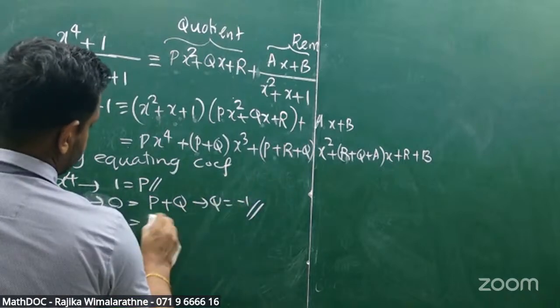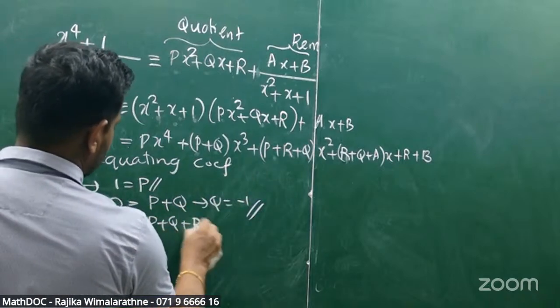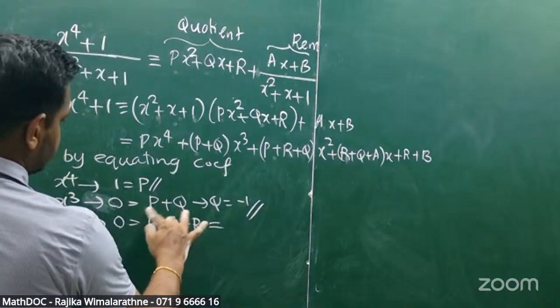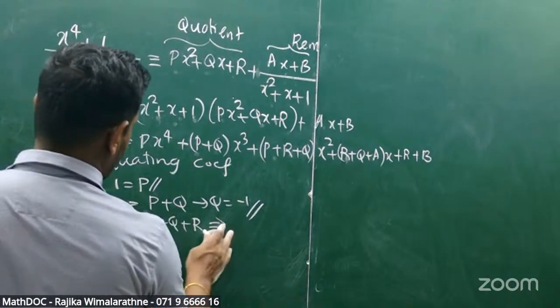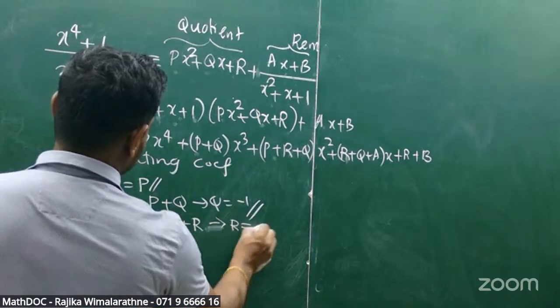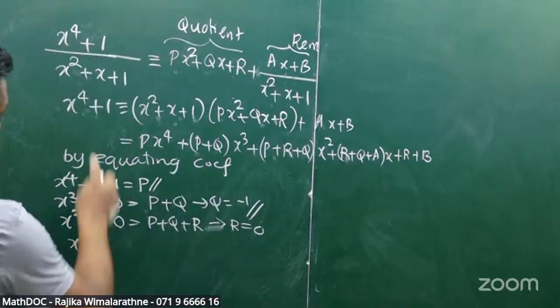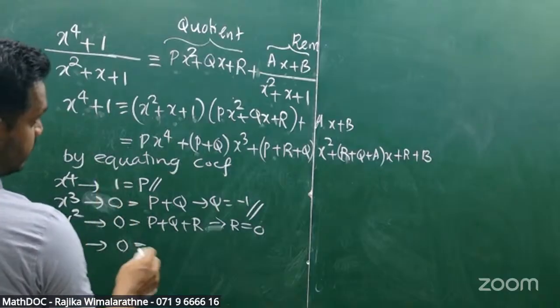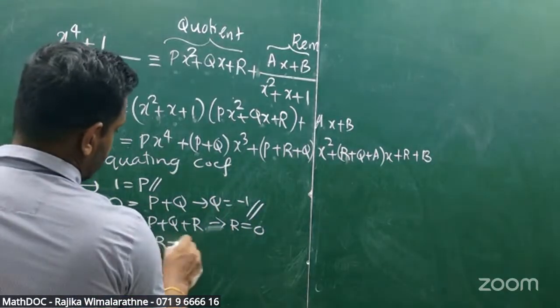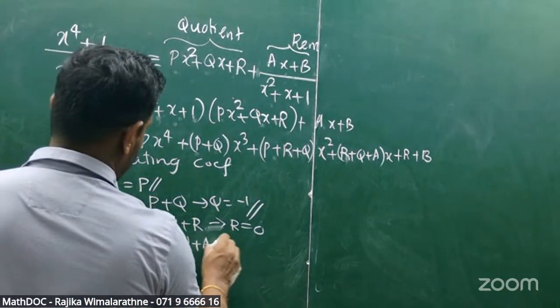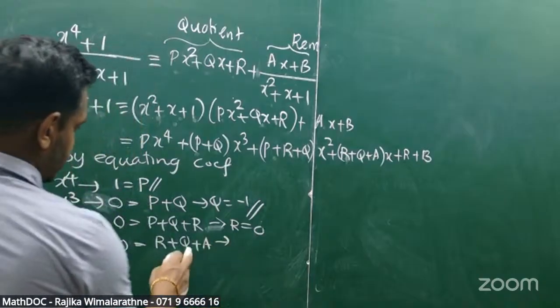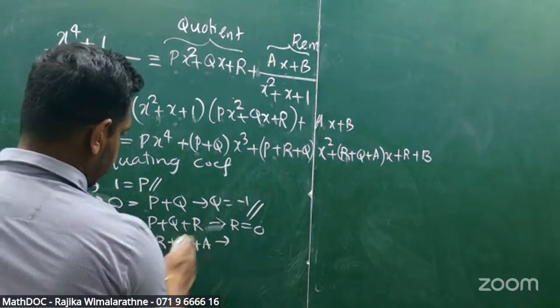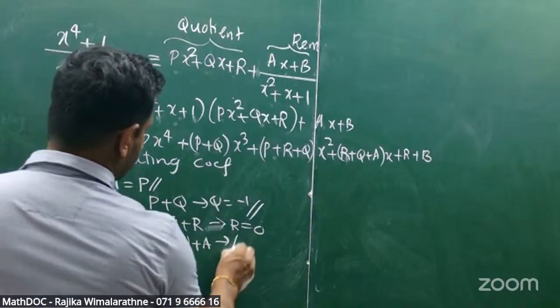Here p plus q plus r, then p plus q is 0, so r value is 0. For x, here 0, the term is missing so coefficient 0. There r plus q plus a. Then q equals minus 1, r equals 0, so a equals 1.